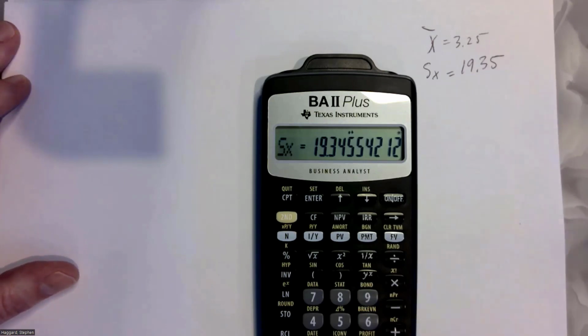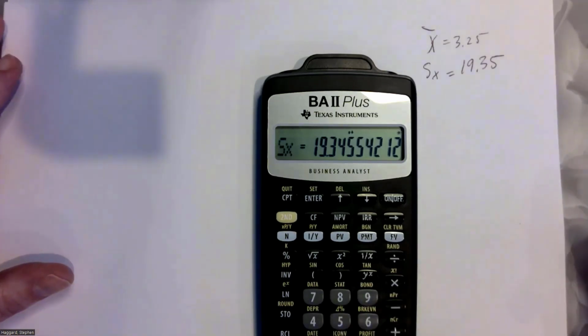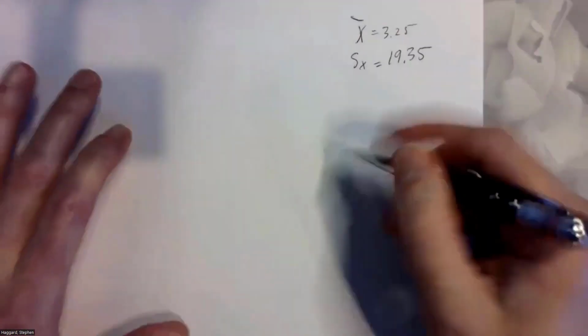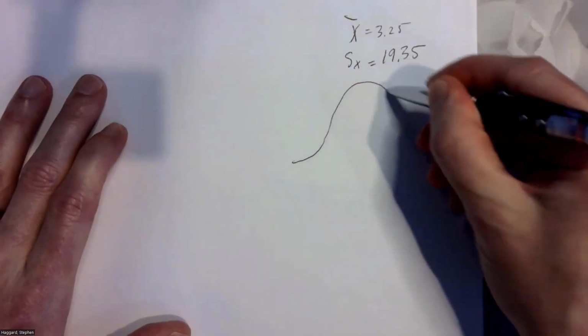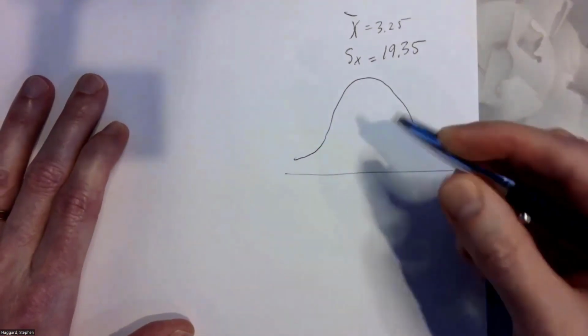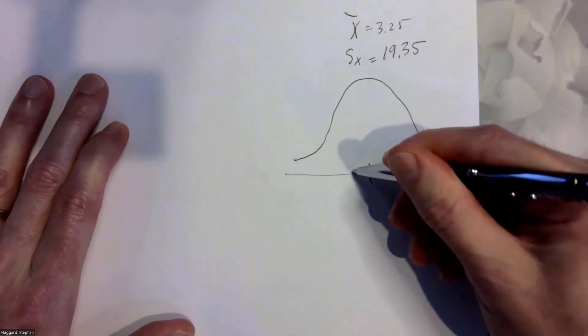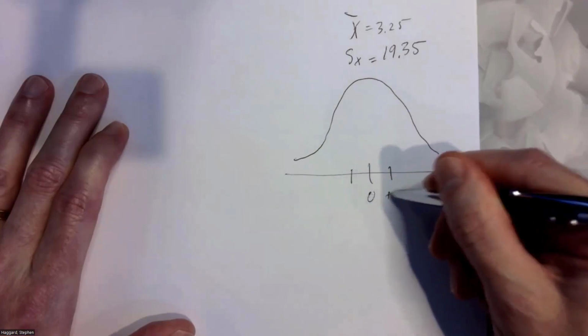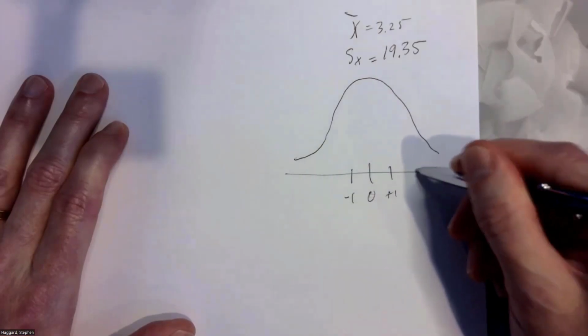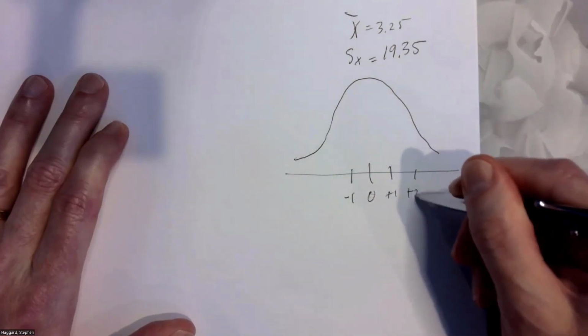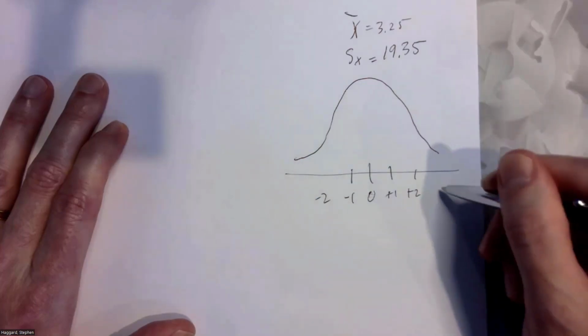Okay, now it asks for what is the 95% probability range. And if you think back to the normal distribution, we have plus or minus 1 standard deviation, plus or minus 2, and plus or minus 3.